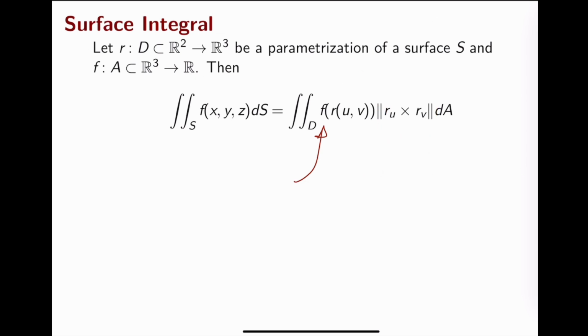Observe that this is a double integral over a domain in R2, as we have seen before, and the function evaluated at this parametrization is going to be a real number, and this magnitude is going to be a real number too. So here we have a numerical function, and so the domain is in R2. So this is a familiar integral that we already know how to calculate.